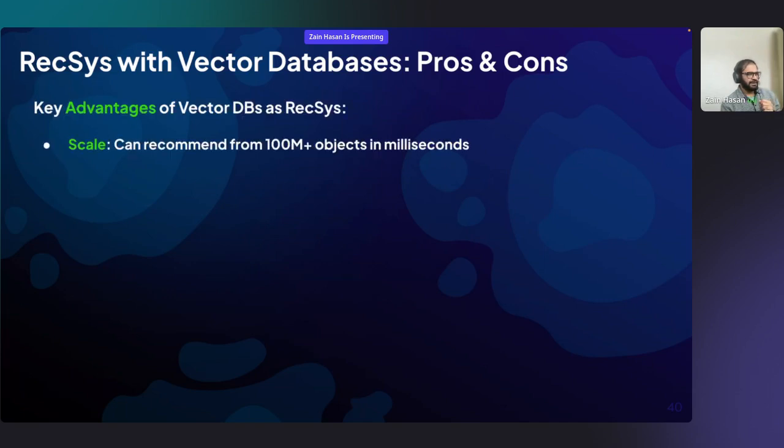Some advantages, I think scale is probably the most important advantage here. The ability to do real-time recommendations over hundreds of millions of objects is a significant benefit. If you've got hundreds of thousands of different objects in your e-commerce platform, being able to update recommendations in real time is a big benefit.